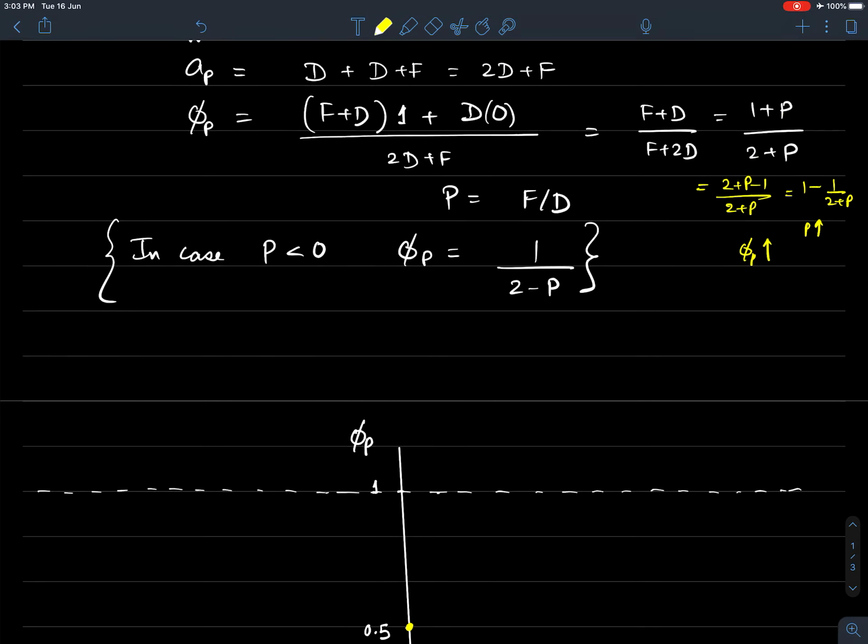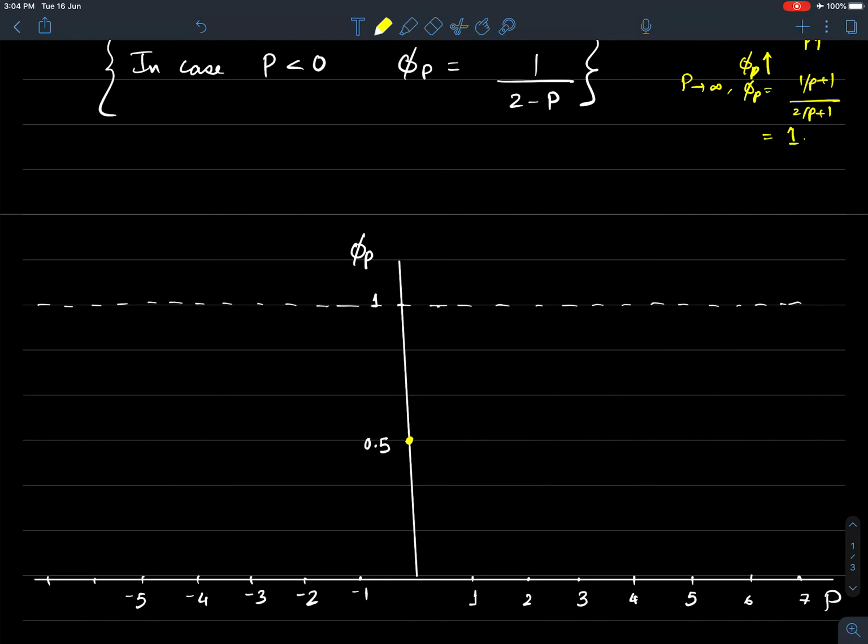Another way to look at it is that if P goes to infinity, we'll have phi P equal to 1 by P plus 1 by 2 by P plus 1, and so P going to infinity would mean that this becomes 1. So this curve that we have for the upwind scheme would look something like this, and it's a non-linear function. Remember, it's not a linear function.